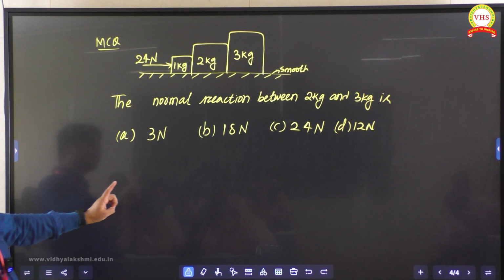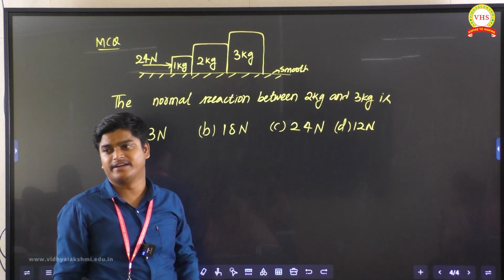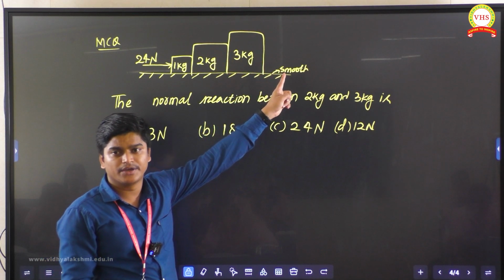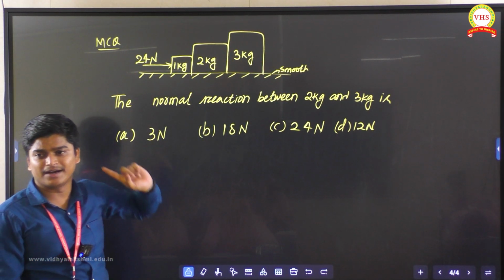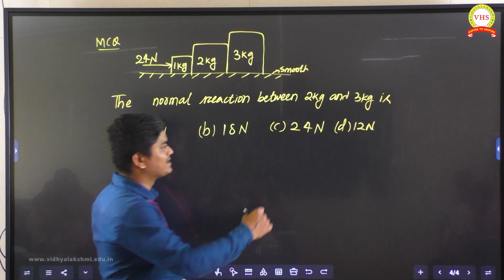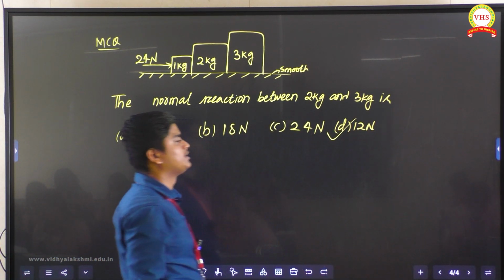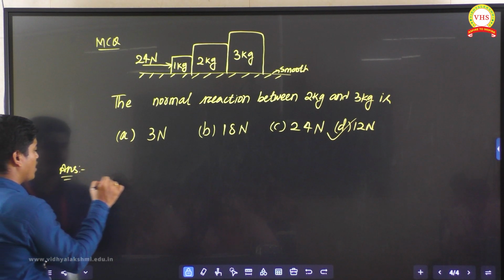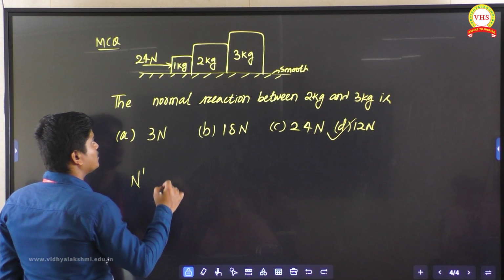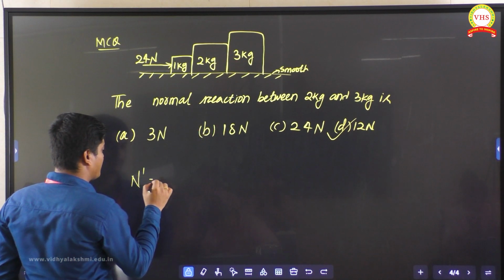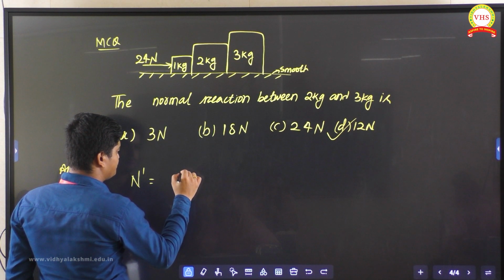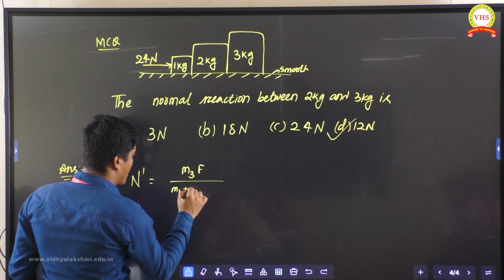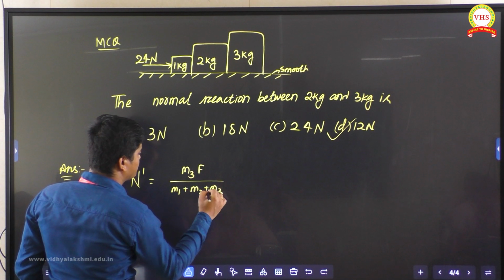That means you tell what you have to find, N you have to find or N prime you have to find? N prime. What is N prime formula? Last mass into force divided by, very good. Your formula already you know, N prime is M3 into F divided by M1 plus M2 plus M3.